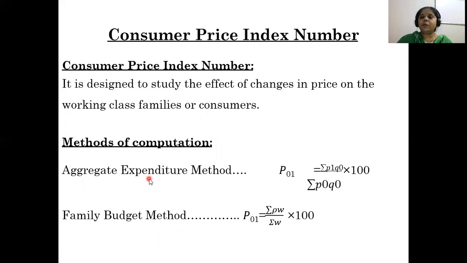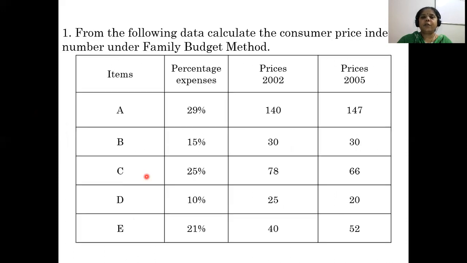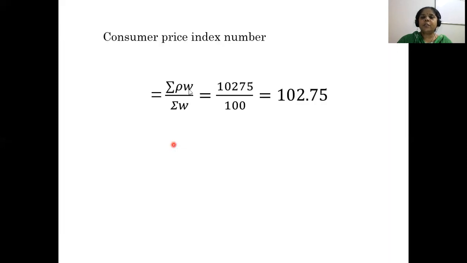These are also for section B. And these are the uses of the consumer price index number, calculation of consumer price index number, and this is how they are going to ask in the exam. So this is the formula for calculating consumer price index number under family budget method: price relative into the weights divided by total weights.